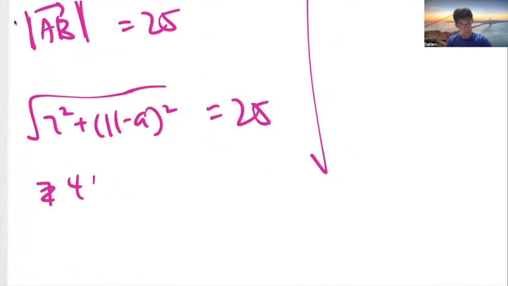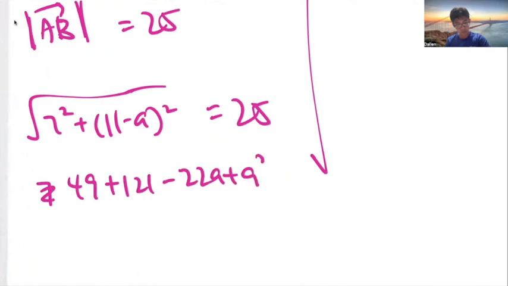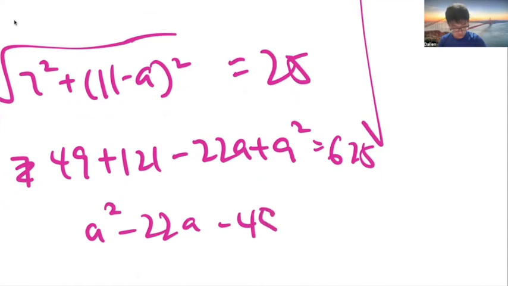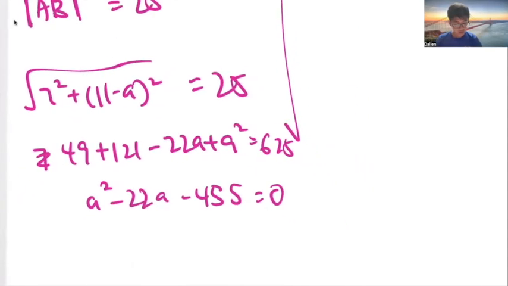If we solve this, 49 plus 121 minus 22a plus a squared equals 25 squared, which is 625. So a squared minus 22a plus 49 plus 121 minus 625.